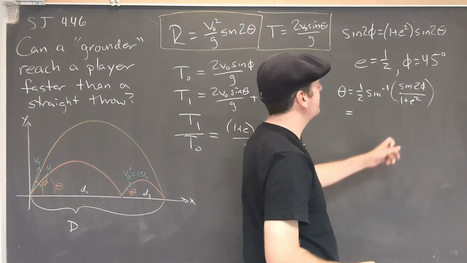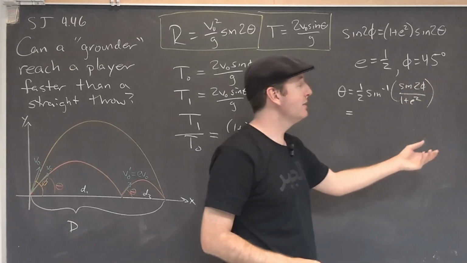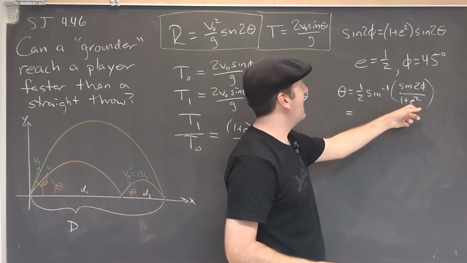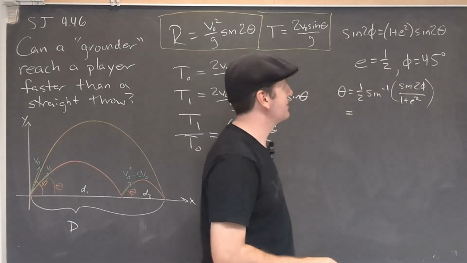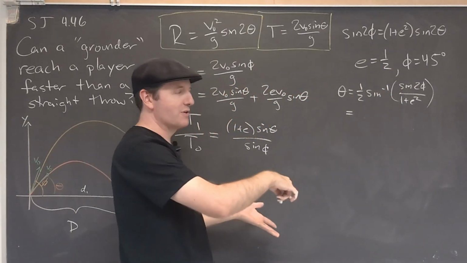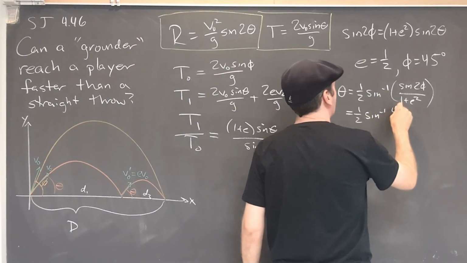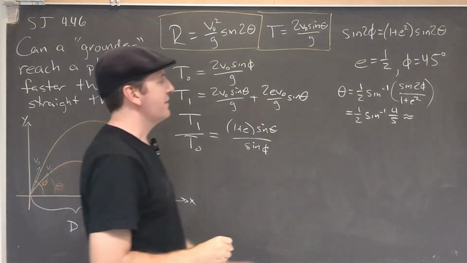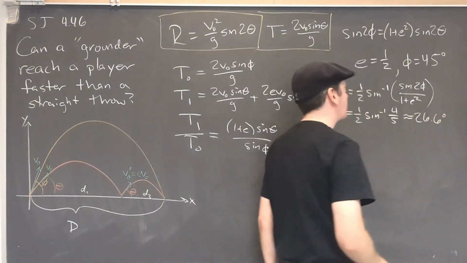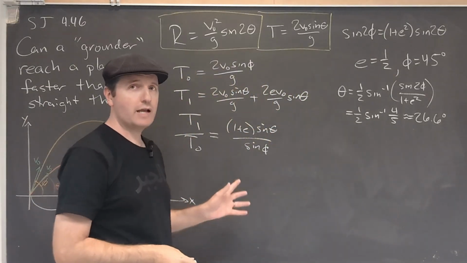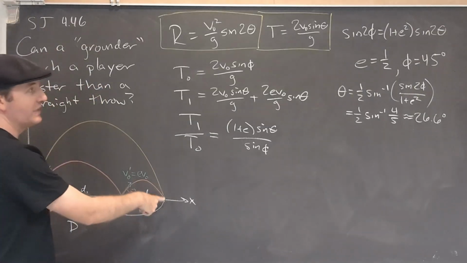In our particular case, since 45 gives us a sine of twice that being 1, and 1 plus 1/2 squared is going to end up being 1/4 plus 1, which is 5/4 in the denominator, we'll have 1/2 sine inverse of 4/5. That's about 26.6 degrees. Okay, so that's the angle that we should throw under these settings in order to get it to the same place.